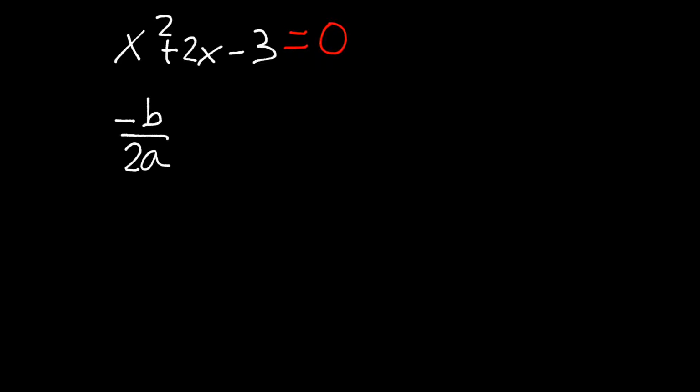Here, in our x squared plus 2x minus 3, our b value is 2, and our a value is 1. So, I can say the opposite of 2, opposite of b, all over 2 times 1 is going to equal negative 1. That is the x value of our vertex.